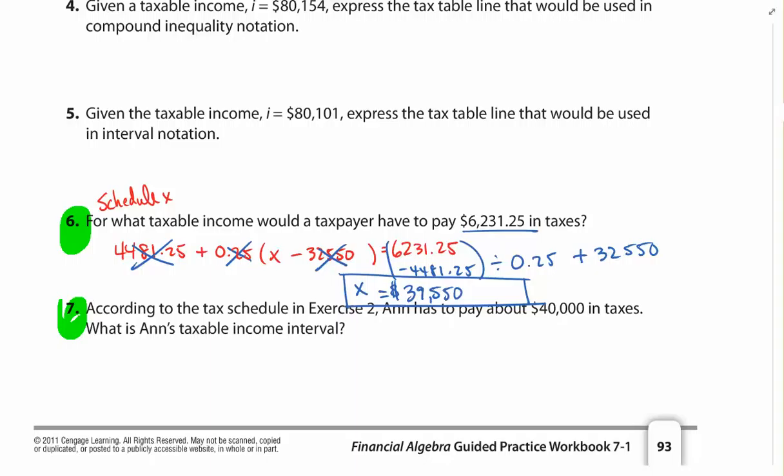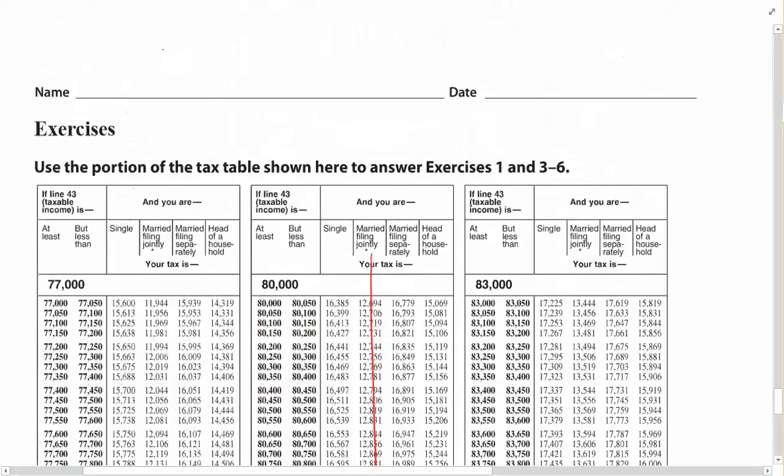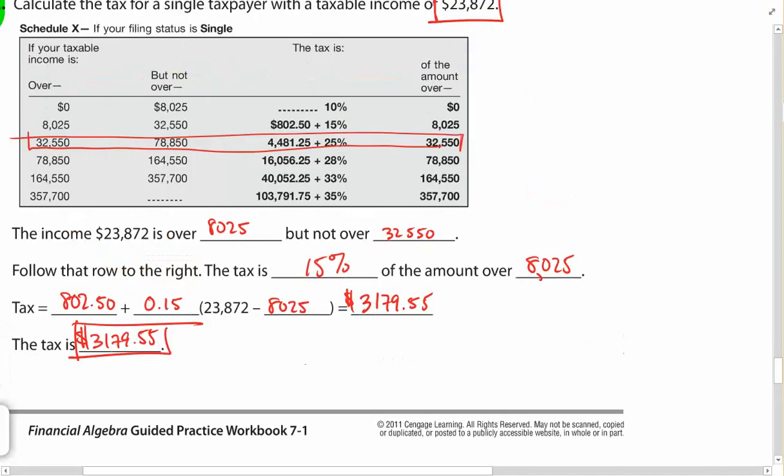Again, using the tax schedule in exercise 2, Anne has to pay $40,000 in taxes. So let's see if we can find out what her taxable income was. Somebody that owes only $40,000 in taxes is probably not in this interval.